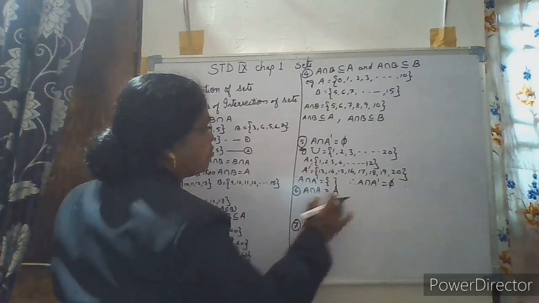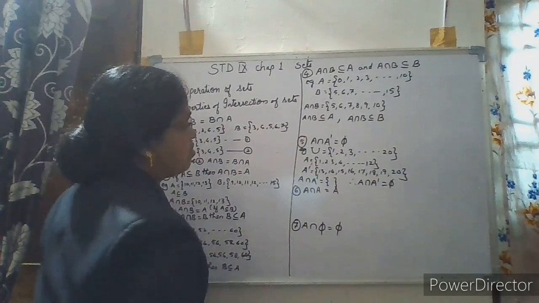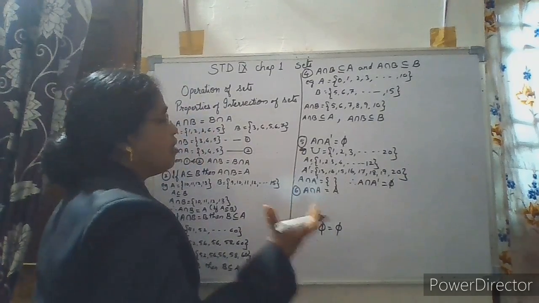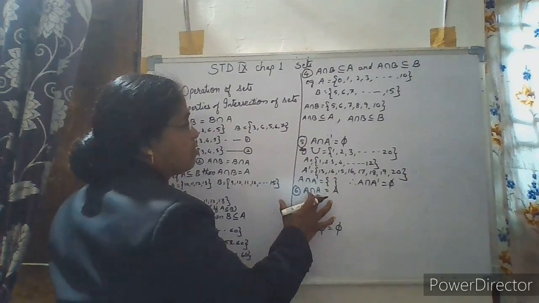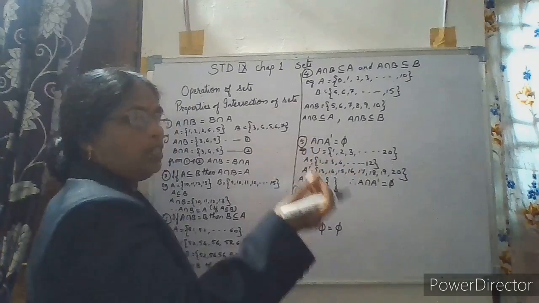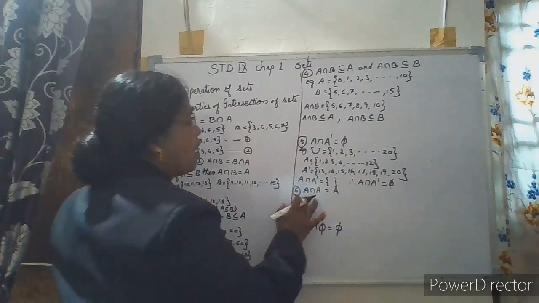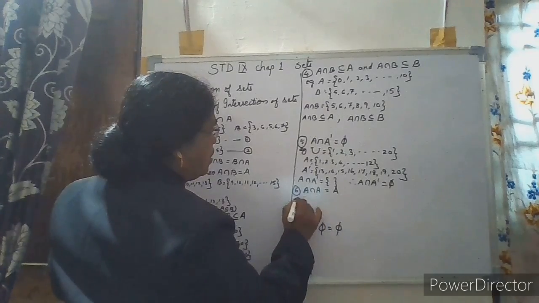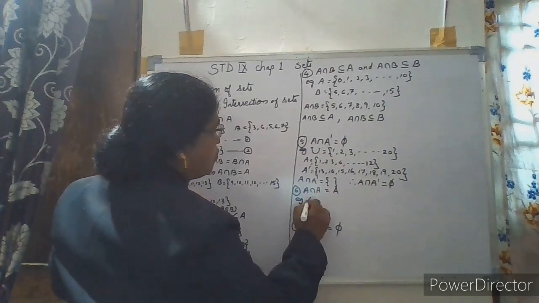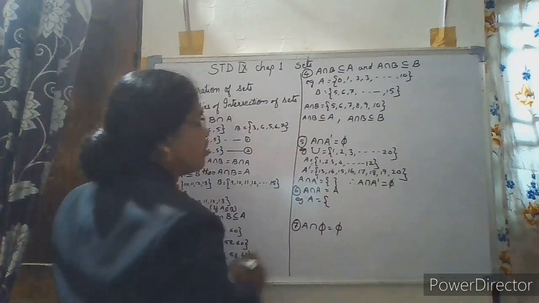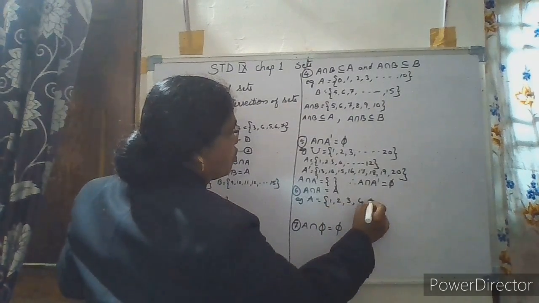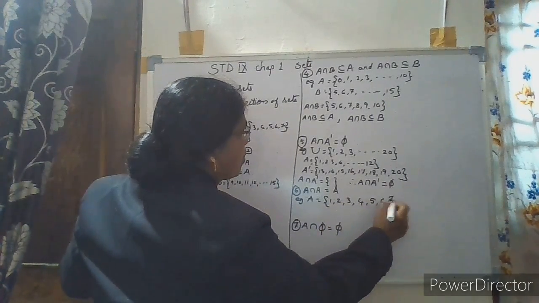Now let us come to property 6: A intersection A. Intersection between the same sets is equal to set A. I will take an example. Suppose set A has the elements 1, 2, 3, 4, 5, 6, 7.